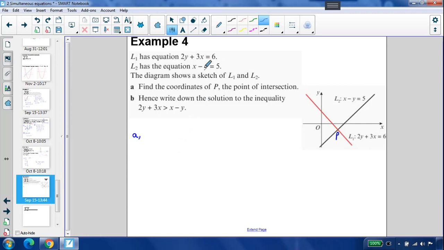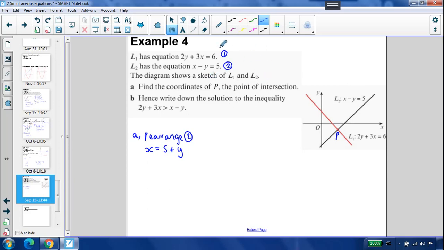Now I am going to label that 2, label that 1. I'm actually going to do a substitution. So I'm going to rearrange equation 2, and I'll make x the subject. So it'll be x is equal to 5 plus y. Now you could have made y the subject, or you didn't even have to do a substitution.